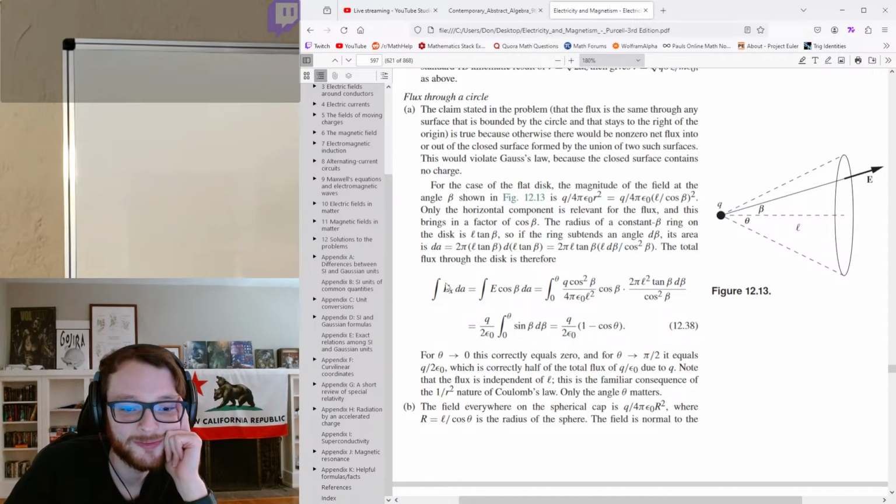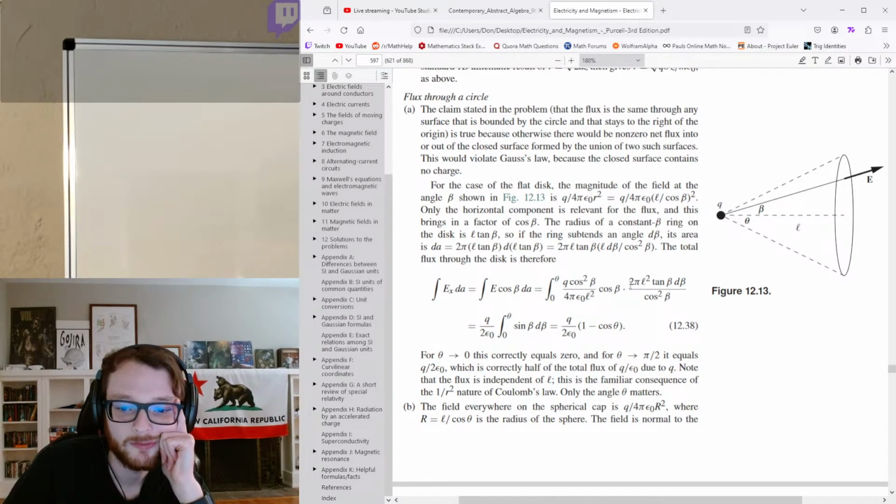Total flux through this disk. What's happening? This is the field. Q. Oh, okay. And then the cosine squared up top comes from the R being L over cosine, so the cosine flips up.